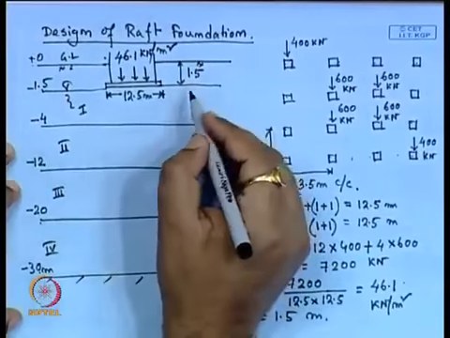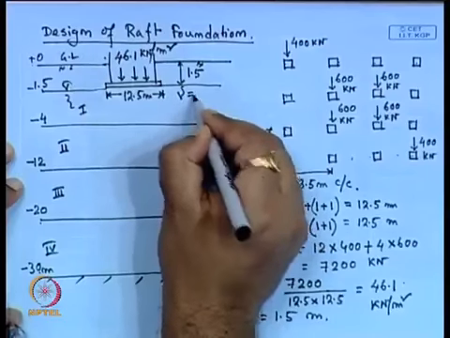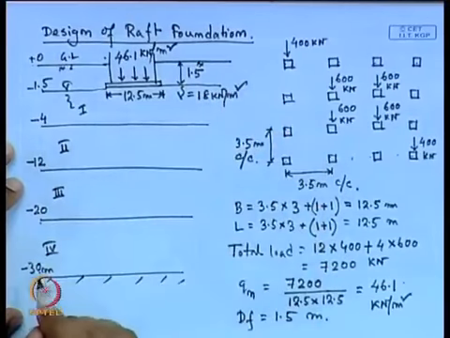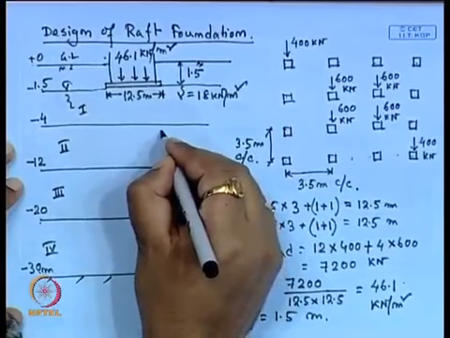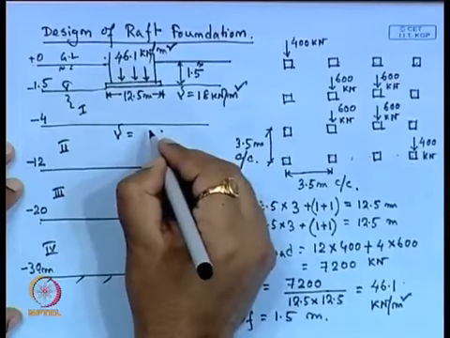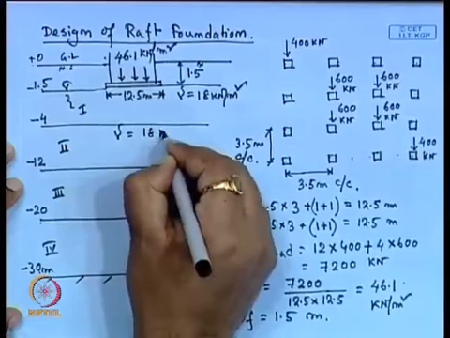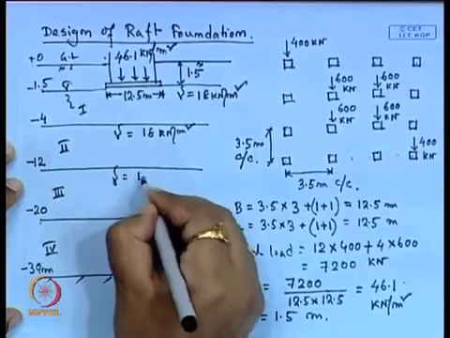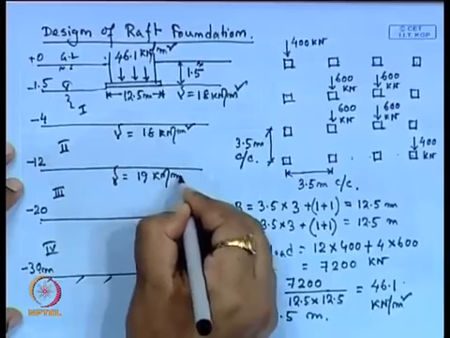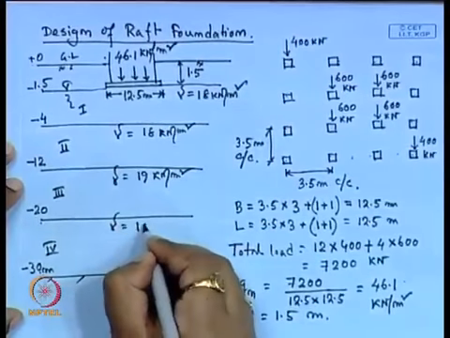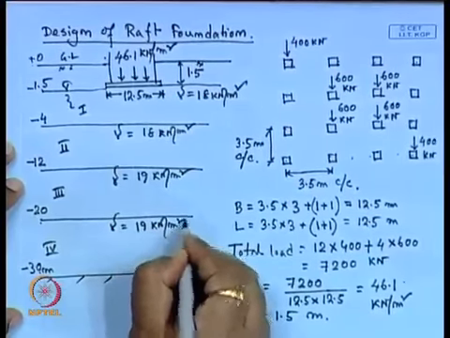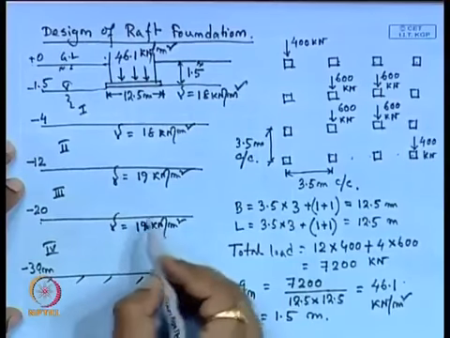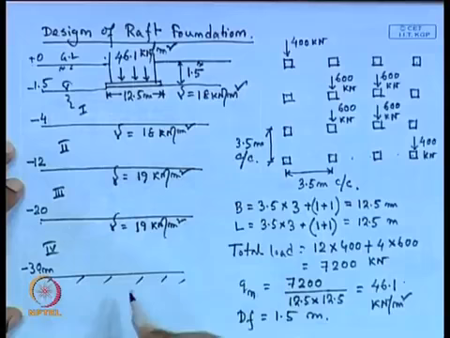Now, we need the soil properties. Gamma for the first layer is 18 kilonewton per meter cube, for the second layer also 18, and for the third layer 19 kilonewton per meter cube. These are all saturated unit weights of the soil that we are using.